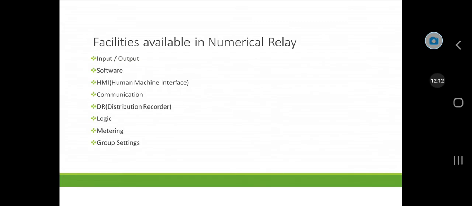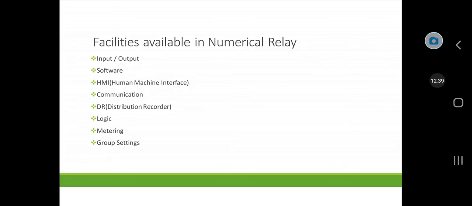Next is the logic. Charts are prepared in the relay for assigning special functions in addition to the existing functions of the relay. Metering: the numerical relays also have a metering facility with maximum and minimum records.